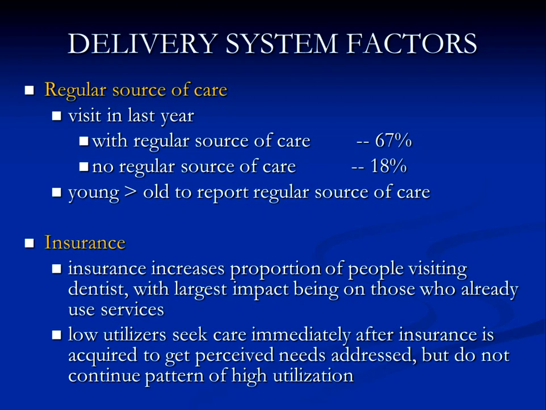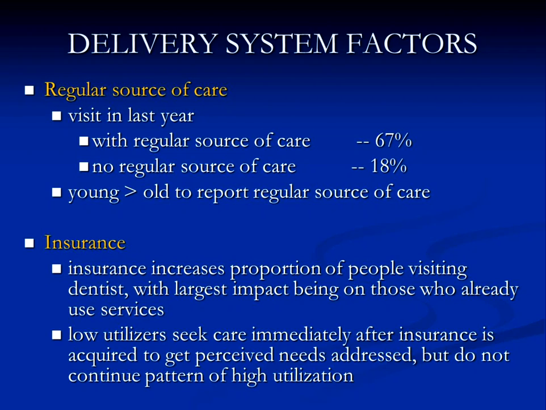And if you're looking at demographic variables when you're comparing who has a dental home and who doesn't, people that are younger, especially younger adults, are more likely to report that they have a dental home or that regular source of care compared to older people. Insurance is one of the delivery system factors that greatly impacts utilization.